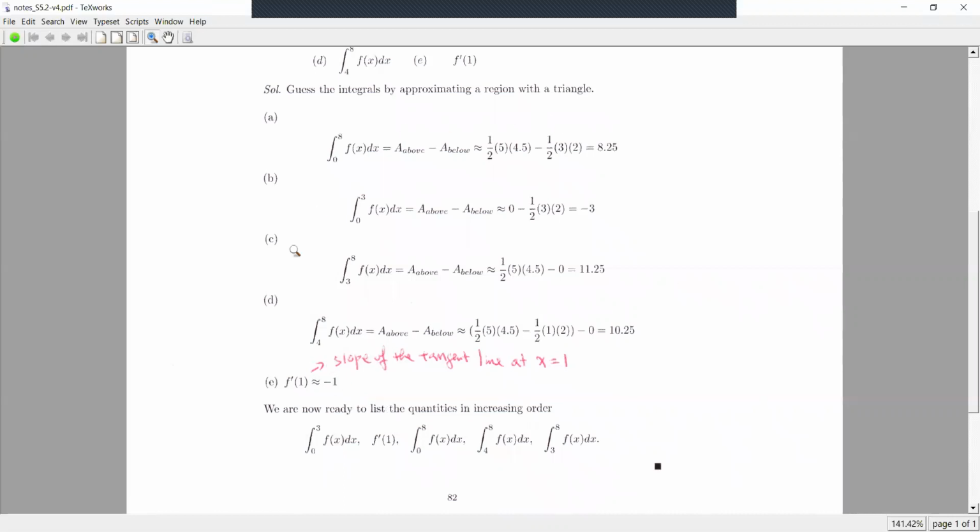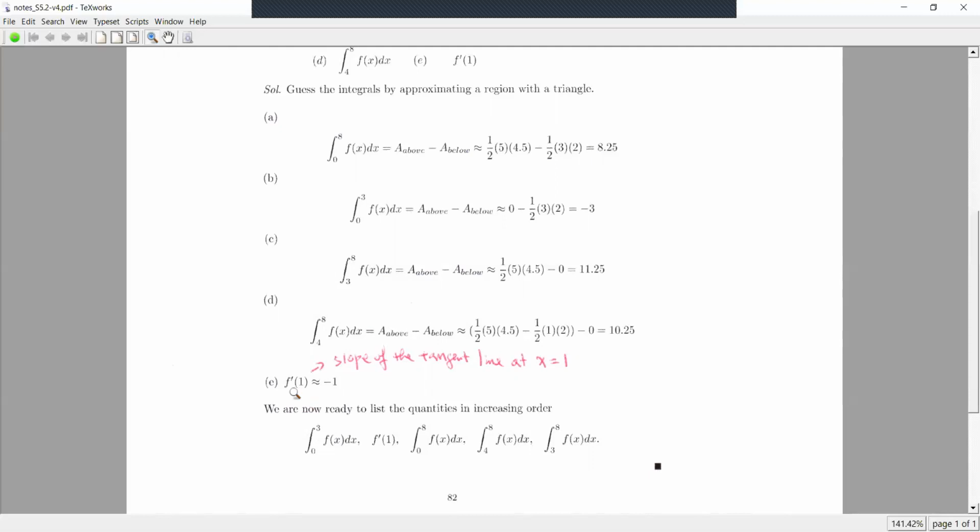Okay, now with this information in hand, I can make a list from the smallest to the largest of these quantities. The smallest quantity is the integral from 0 to 3. It is about -3, so this one is the smallest.